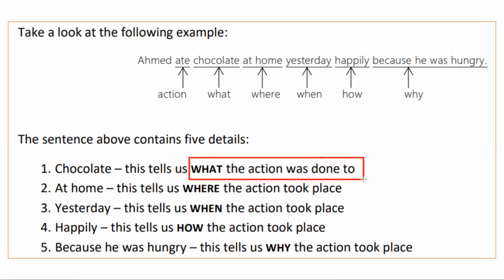Okay, so this is the direct object. You can say the direct object is maf'ul bihi. The type of details that tell you where the action took place or when the action took place are maf'ul fihi.